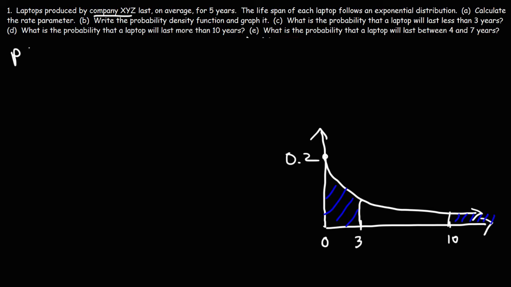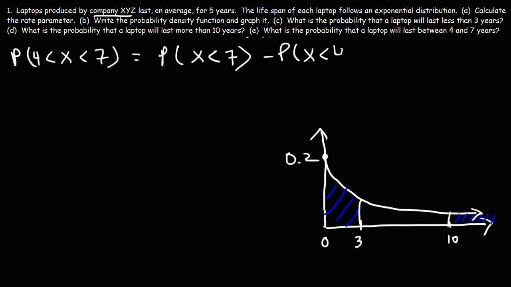So first, let's write out what we know. We need to calculate the probability that X is between 4 and 7. And this really is just the difference between the probability that X is less than 7 and the probability that X is less than 4.